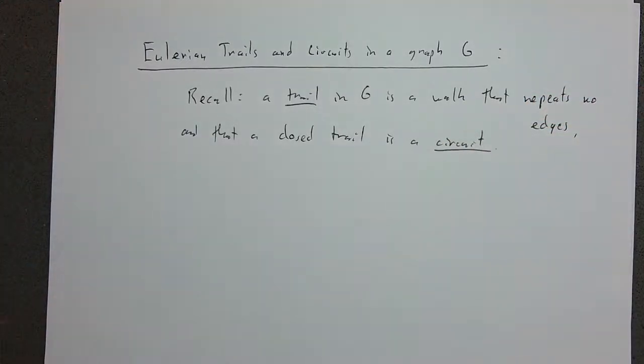If a trail in a graph G includes every edge of G, then that trail is said to be an Eulerian trail.